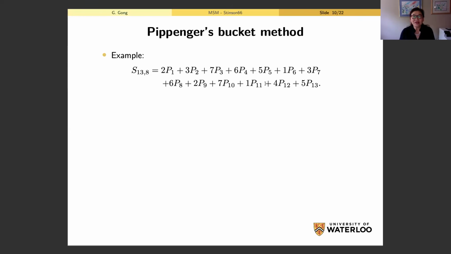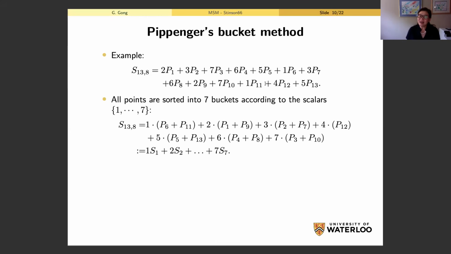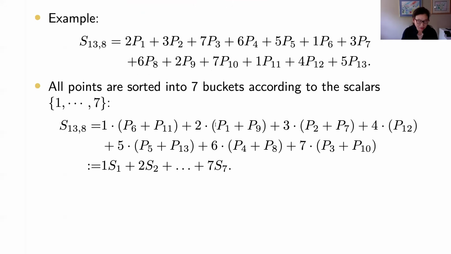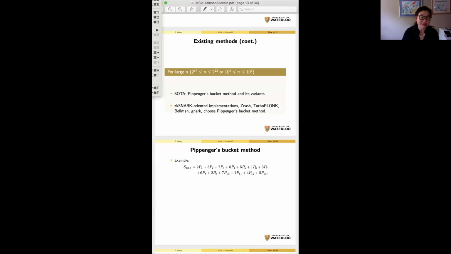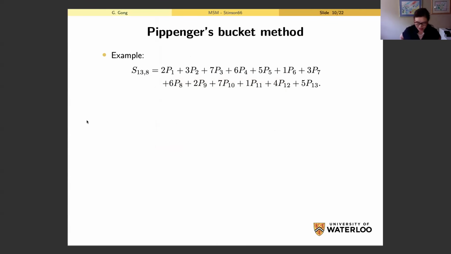Pippenger's method sorts these 13 points into 7 buckets according to the scalars: scalar 1, scalar 2, scalar 3, all the way up to 7, because 7 is the largest number here. For example, for coefficient 1 we have P6 and P11, so we put them here.